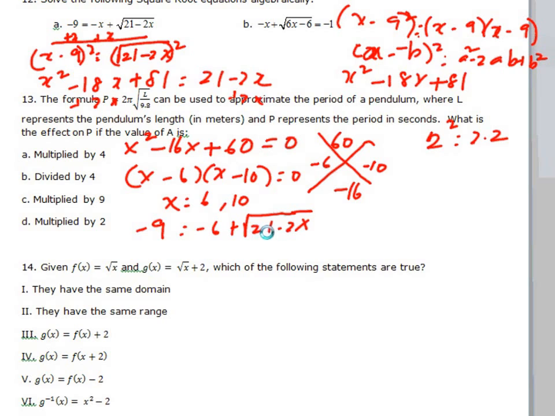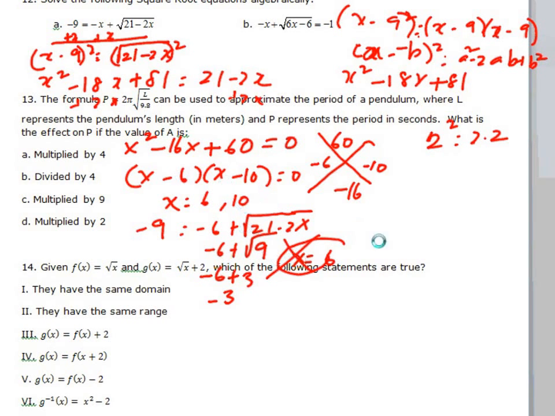Square root of 9 is 3. I'm doing some mental math, guys. So this is square root of 9 and this is negative 6 in the front. So square root of 9 is 3. 3 plus negative 6 is negative 3. Is it the same as negative 9? No.